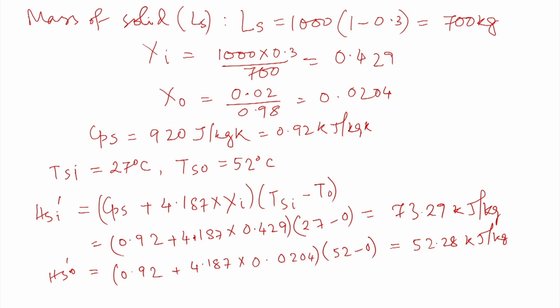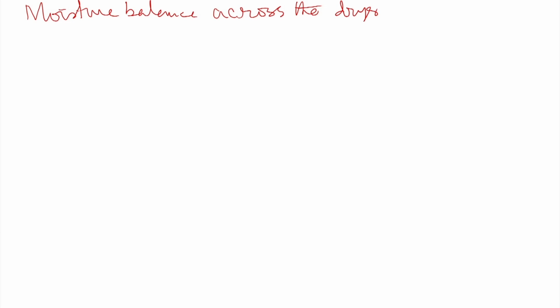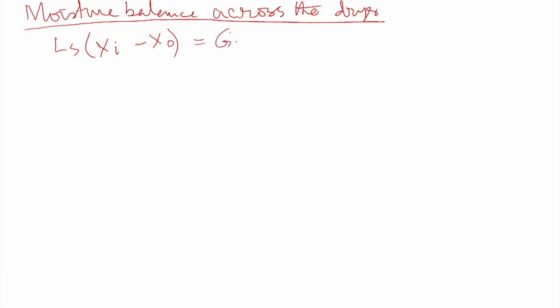Now we need to do the moisture balance across this dryer. We can do it like this: Ls into xi minus x out is equal to Gs into y3 minus y2. Here Gs is equal to Gs2.